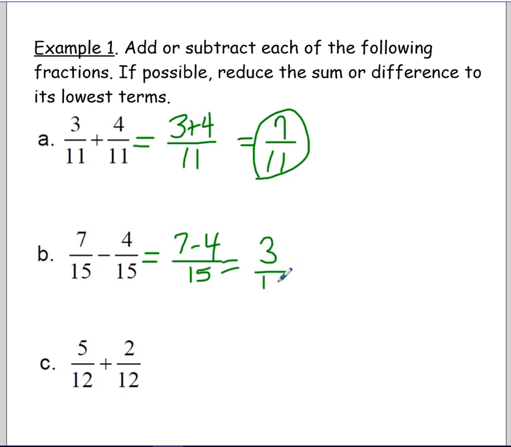And so we get 3/15 as an answer. 3 can go into 15 evenly, so let's write 3 as 1 times 3, and 15 as 3 times 5. And here our 3's cancel, top to bottom, and so our answer reduces down to 1/5.